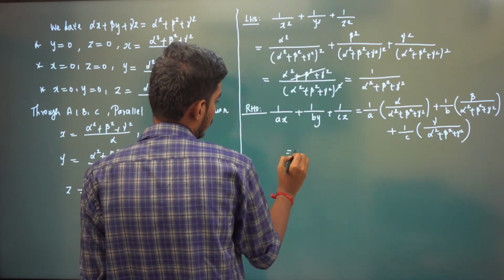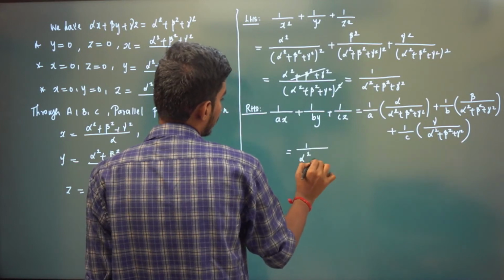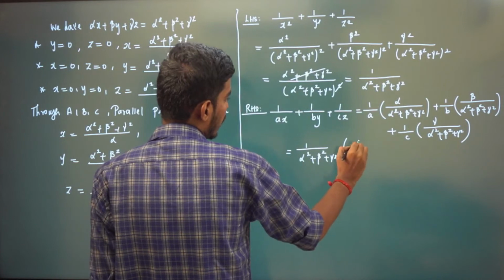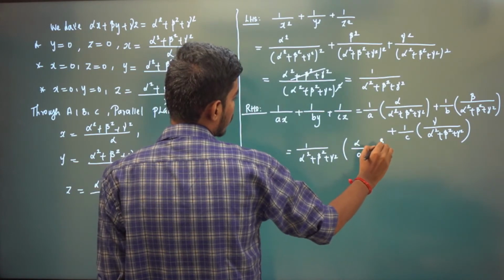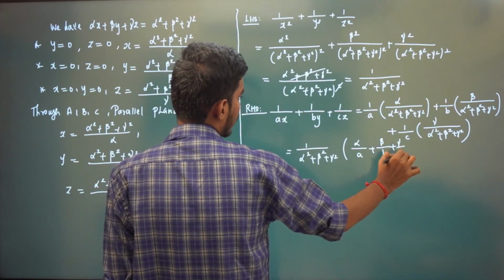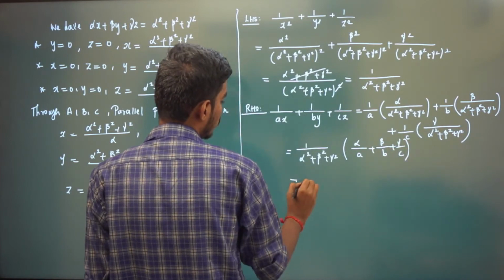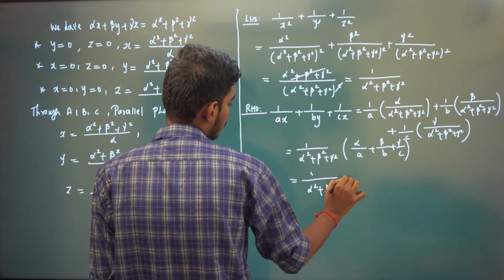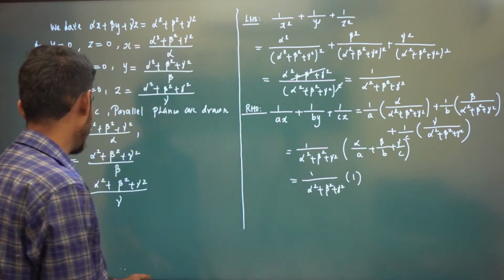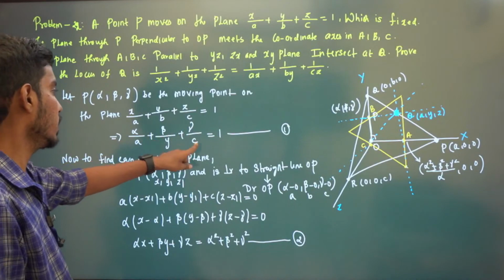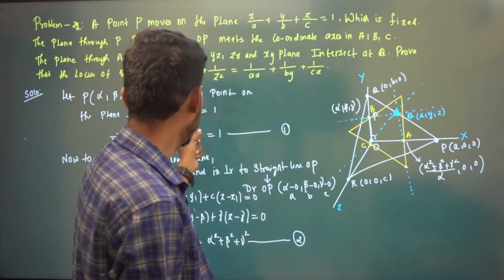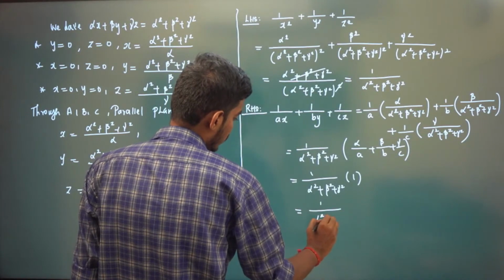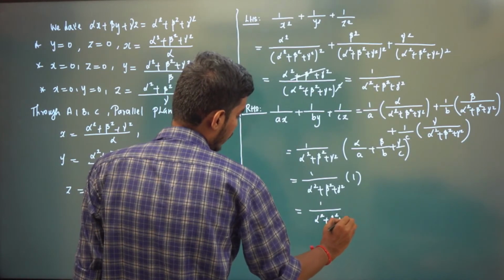Now, if I take 1 divided by alpha square plus beta square plus gamma square common, we will have alpha by a plus beta by b plus gamma by c. This value is equal to 1, right? Because we know alpha by a plus beta by b plus gamma by c lies in this plane, so it will satisfy this equation. So this will be 1 divided by alpha square plus beta square plus gamma square.